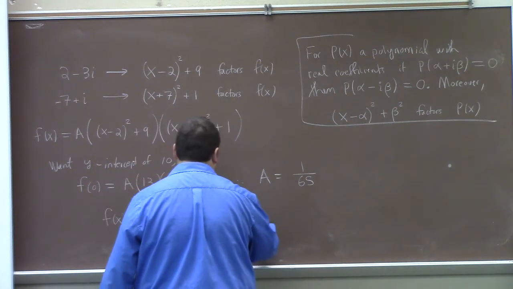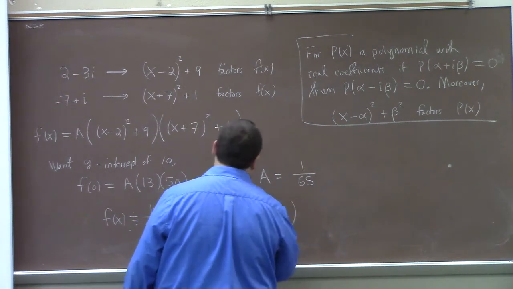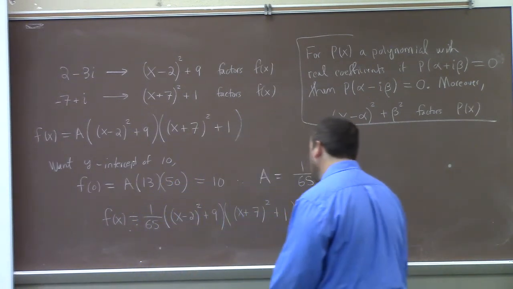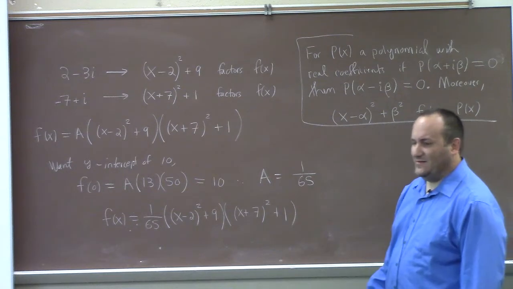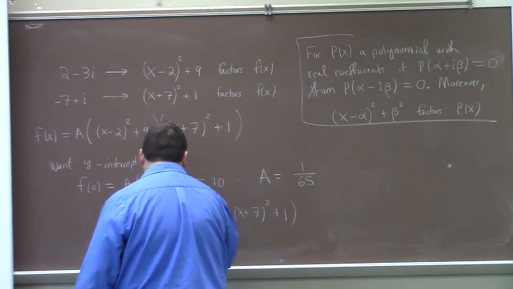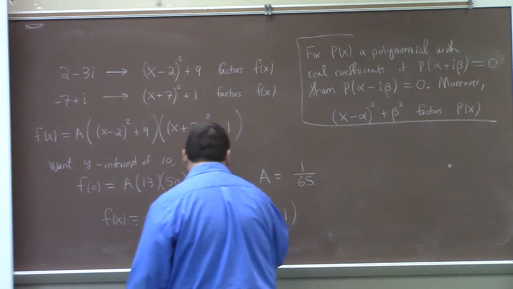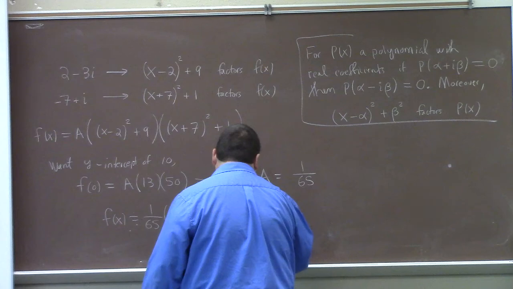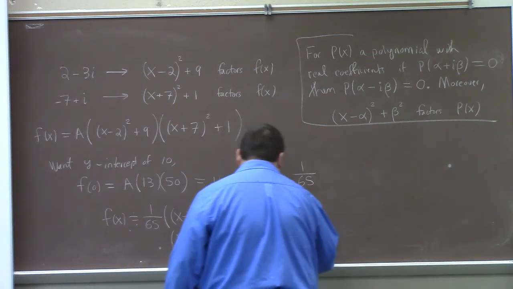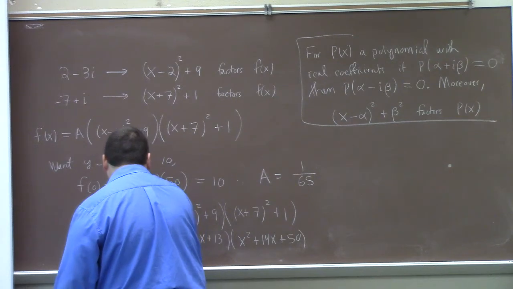That would sure be annoying if I'd said that. That means I have to multiply it out: x squared minus 4x plus 13 times x squared plus 14x plus 50, all times 1/65. Still not in standard form, right?